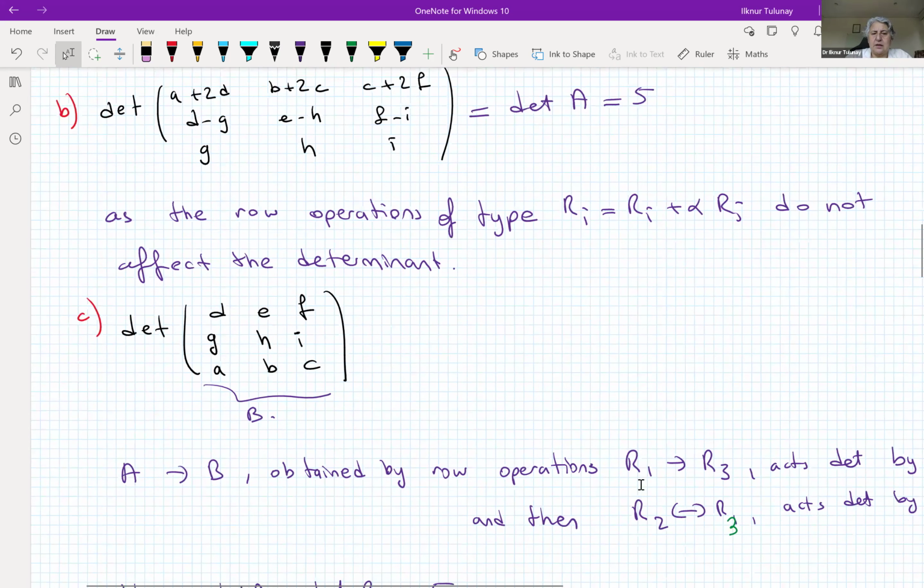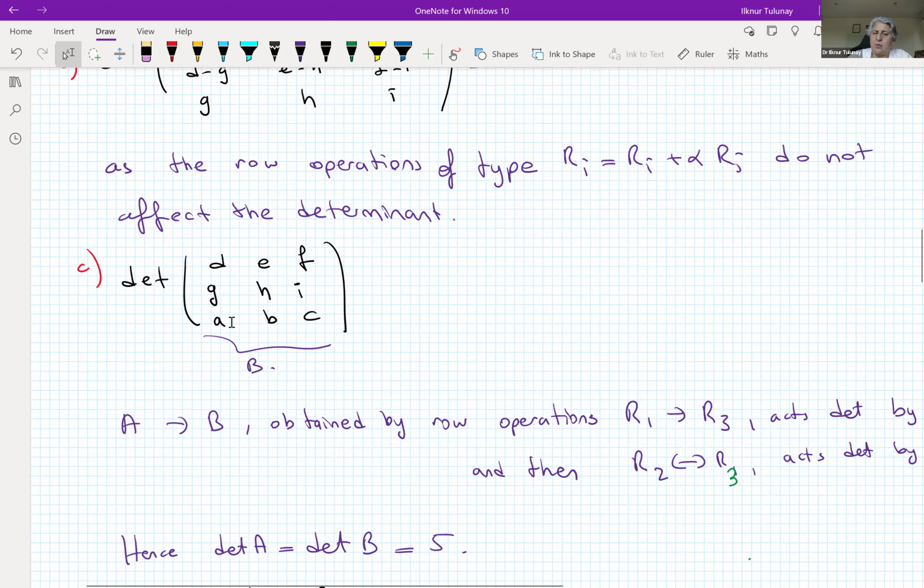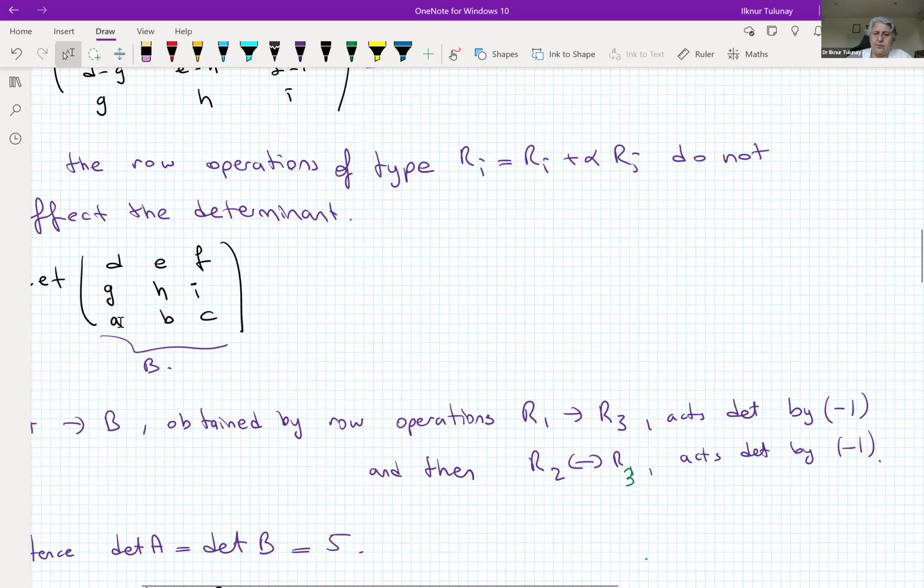In here, some of the rows are swapped. This is supposed to be the first row, this is supposed to be the last row, and this is supposed to be the second row. Each time you swap rows, the determinant is affected by a factor of -1. So row 1 goes to row 3, and then row 2 goes to row 3.